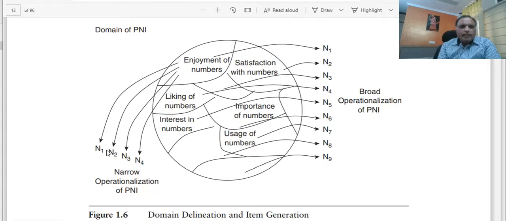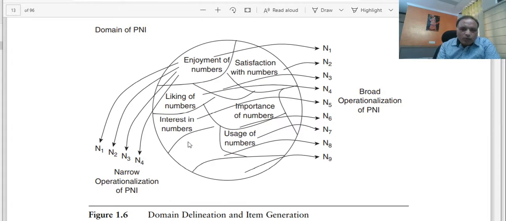So items n1, n2, n3, n4 represent what? n1 is representing enjoyment of numbers, n2 represents satisfaction with numbers, n3 represents this particular area, linking of numbers, n4 linking of numbers, n5 interest in numbers, n6 importance of numbers, n7 uses of numbers, n8 something which is missing here, and n9 something which is here.